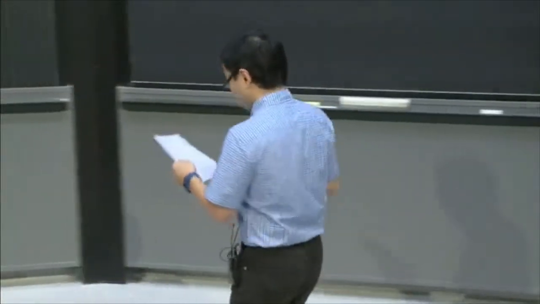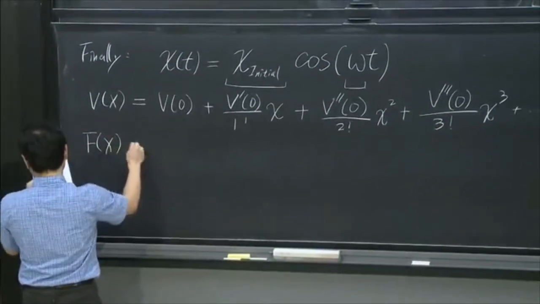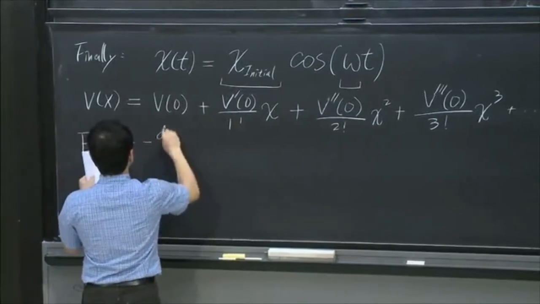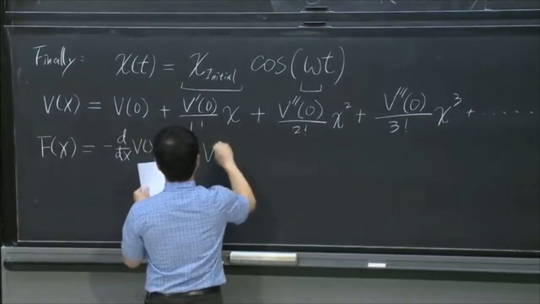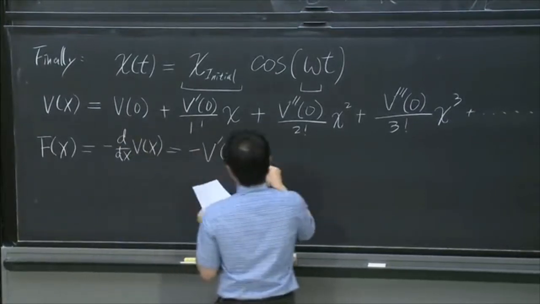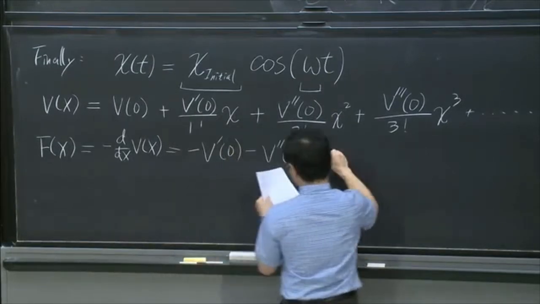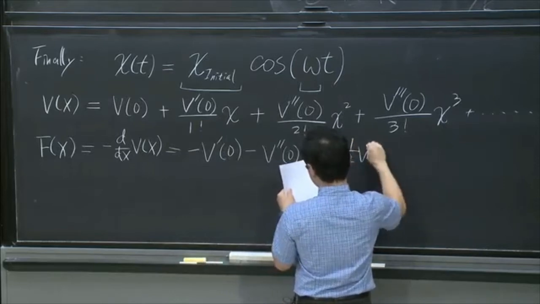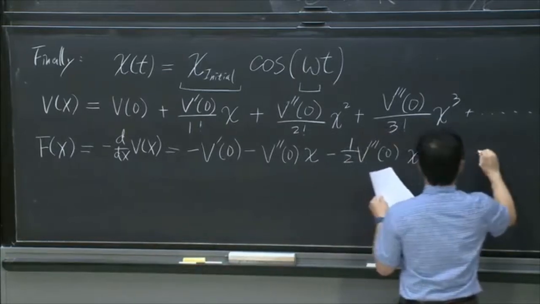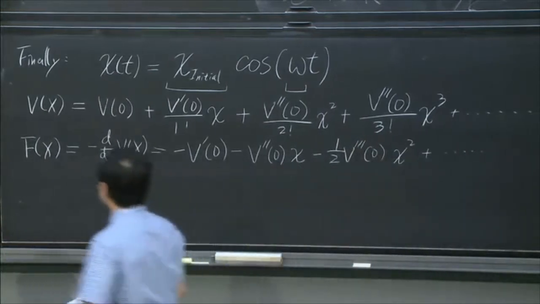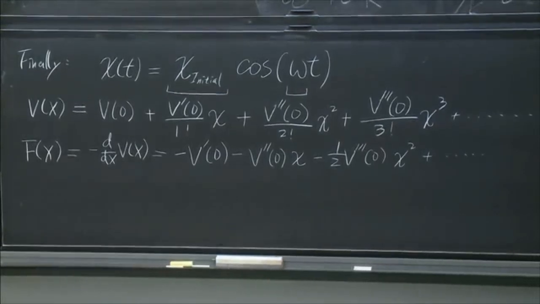So if I calculate the force, F of x will be equal to minus d/dx of V of x, and that will be equal to minus V prime 0, minus V double prime 0 x, minus 1 over 2 V triple prime 0 x squared, plus many other terms.